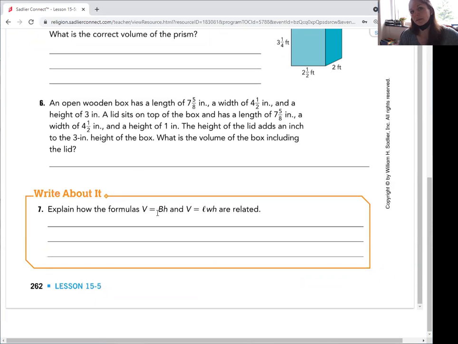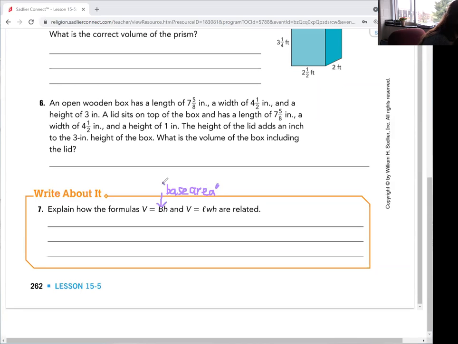Down here on number 7, when they have this big uppercase B, do you know what that refers to? That's a measurement of an object's base. Base what? Base area. So maybe label that B as base area.